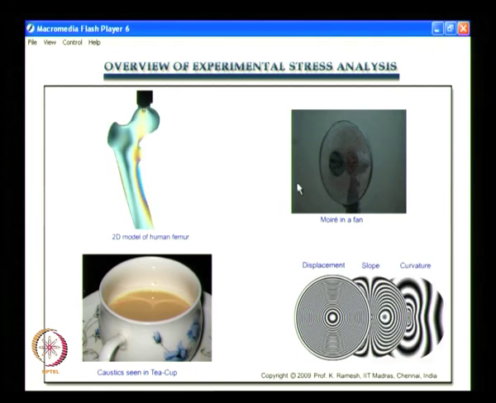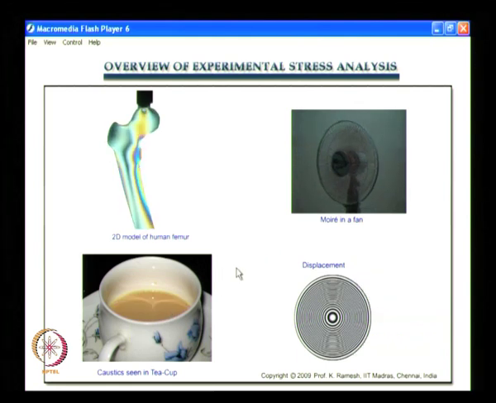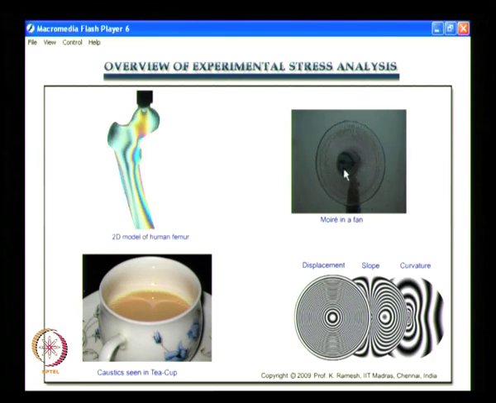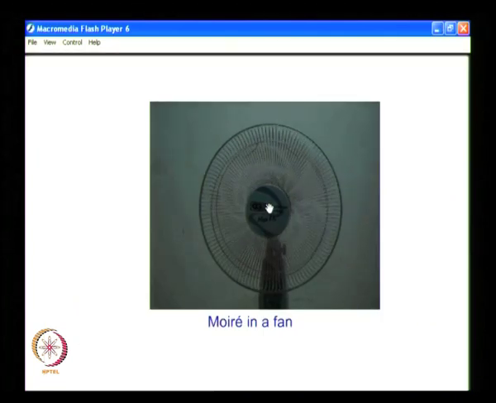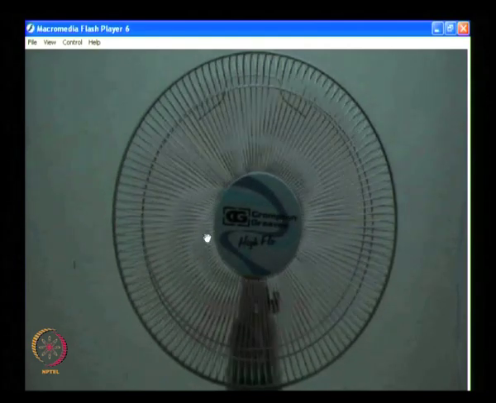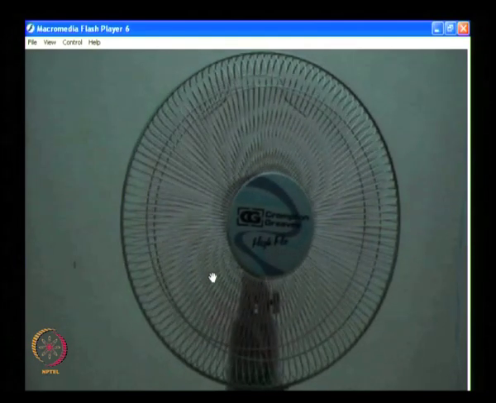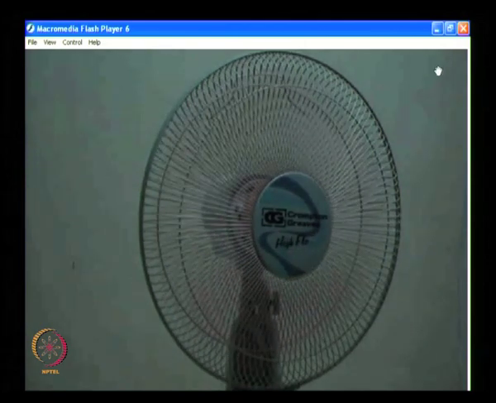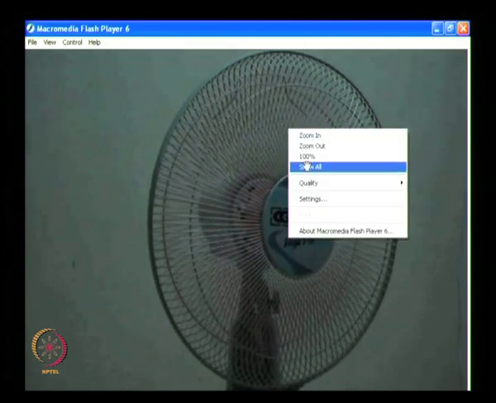And these two corner slides bring out the physics for each of the techniques. There is a physics behind it, and you have seen this is a method of caustics, and this is what you have seen in the case of moire, and you have beautiful moire patterns, and the term moire has an origin from French.